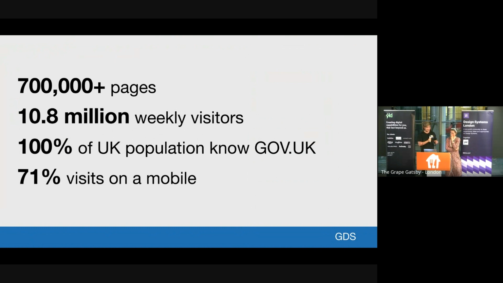Fame is not the same as trust, and it's not always a good thing, but we do know that 76% of people asked trust that information on GOV.UK is accurate and reliable. It's a large site. It's got 700,000 plus pages, 10.8 million weekly visitors. And for those of you keeping track on mobile adoption, 71% of our visits come from mobile.